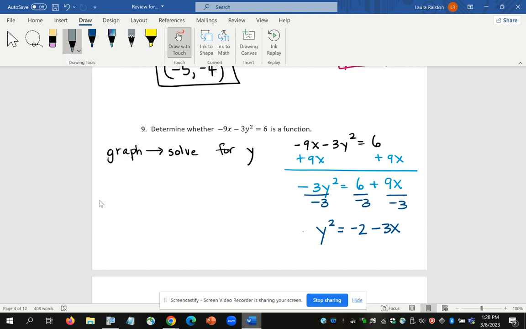I would take the square root of both sides, remembering it could be positive or negative. So y equals positive or negative square root of -2 minus 3x. And then I can graph those two equations.